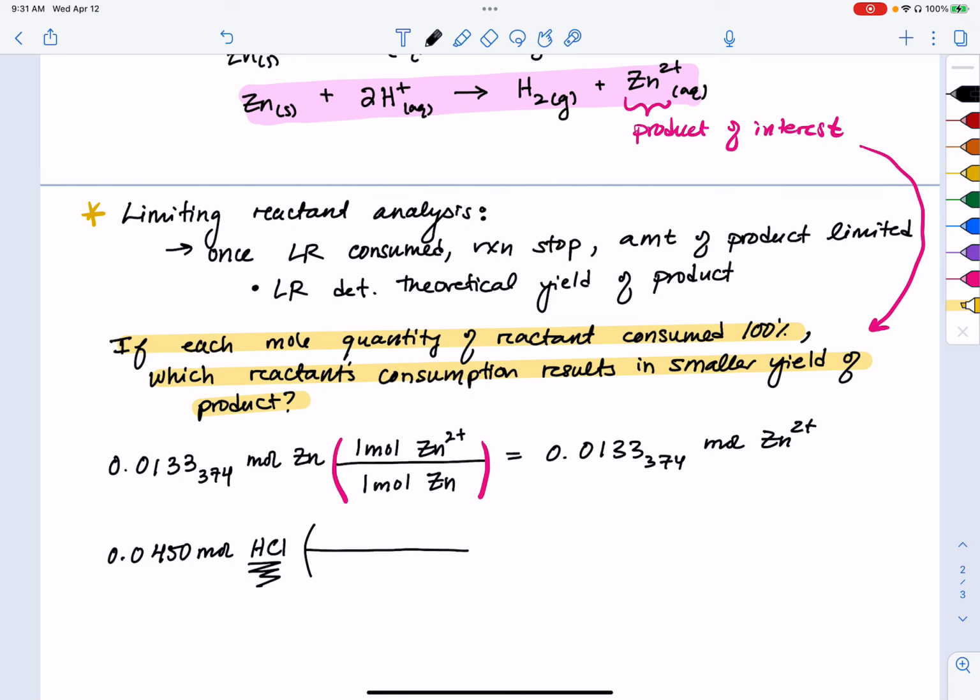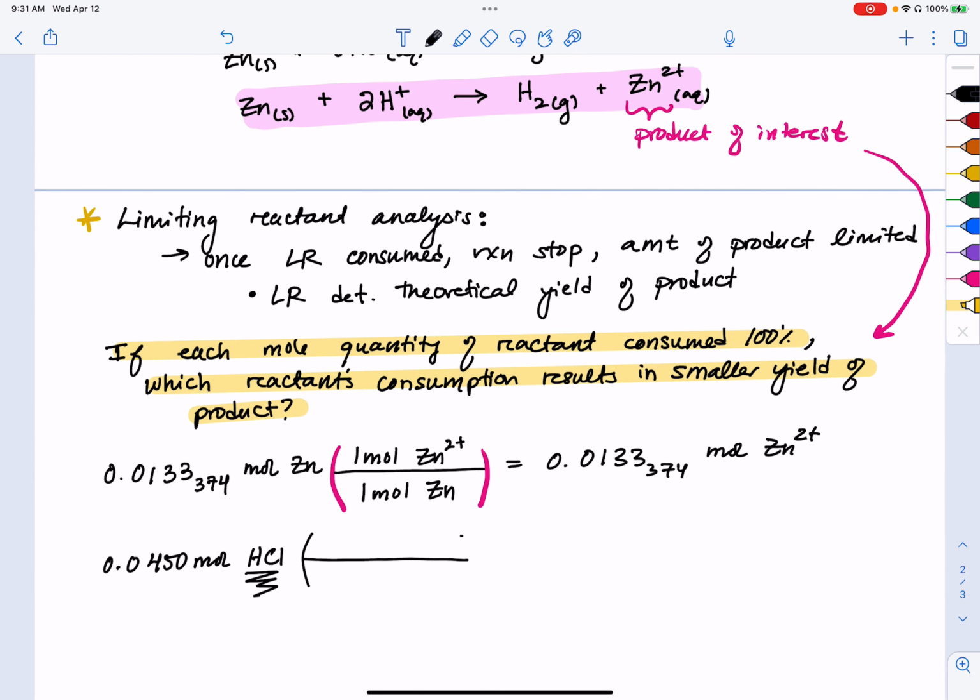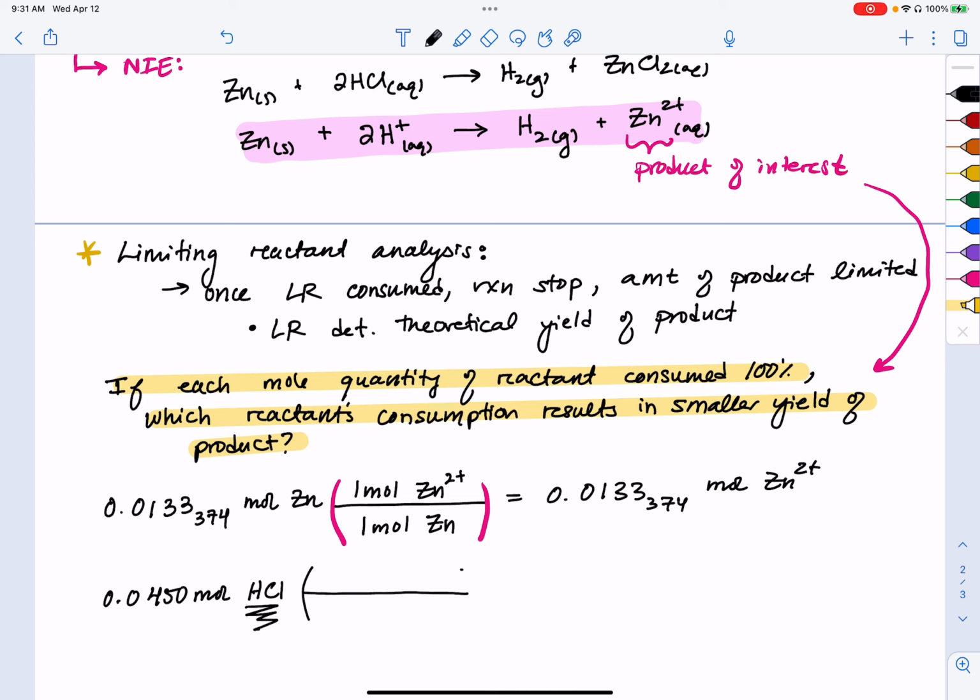So before I can do any kind of stoichiometry that involves the mole ratio between zinc and my acid, I need to not look at molecular hydrochloric acid, but rather the mole quantity of H+. So this is where we look at our subscripts in our chemical formula of hydrochloric acid. This is 1:1, acid to chloride. So that makes our life kind of easy because that means that for every 1 mole of HCl dissolved, I put in 1 mole of H+ ion.